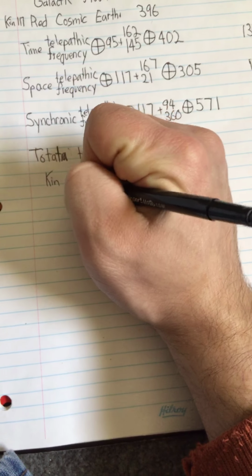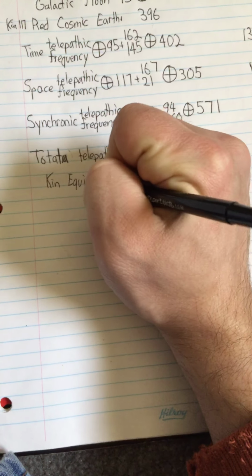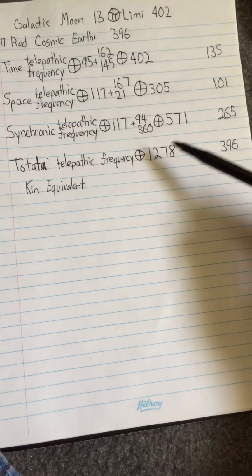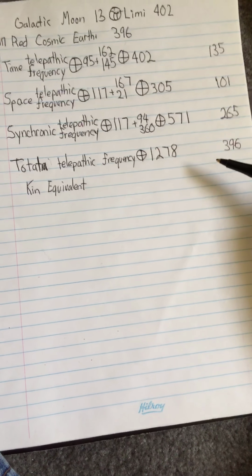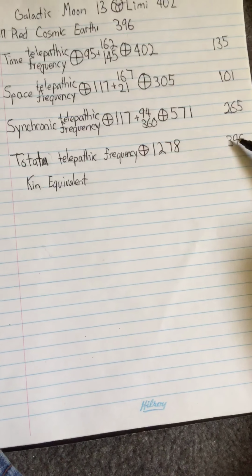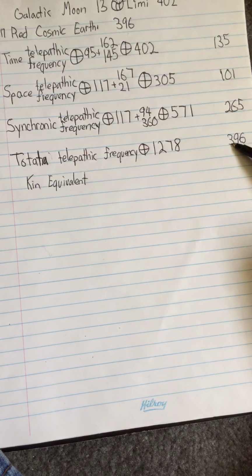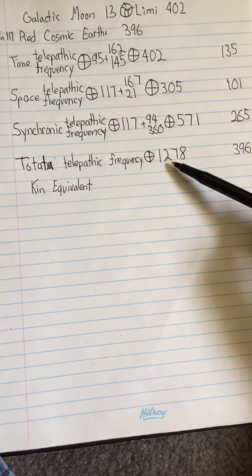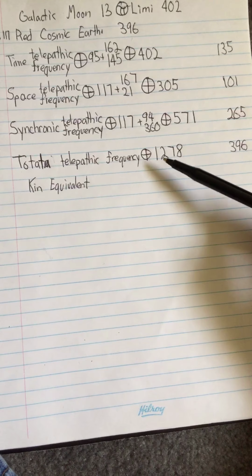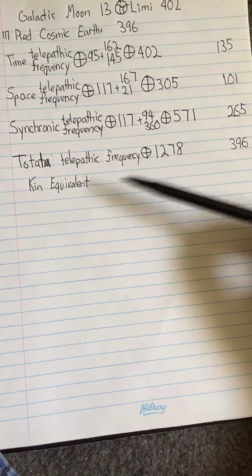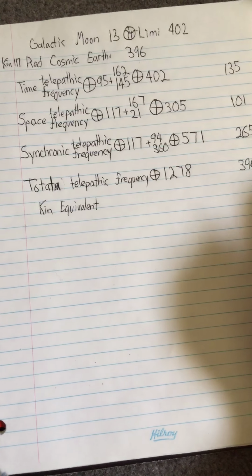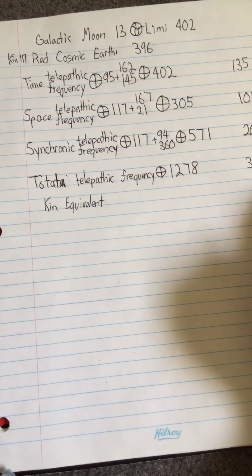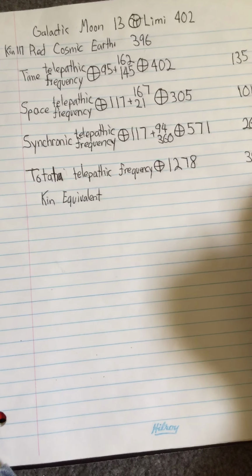So the kin equivalent today, based on the frequency of 1278, is, sort of like we subtracted 441 to get there, the kin equivalent. There's 260 signatures, so 1278 minus 1040, so 238.